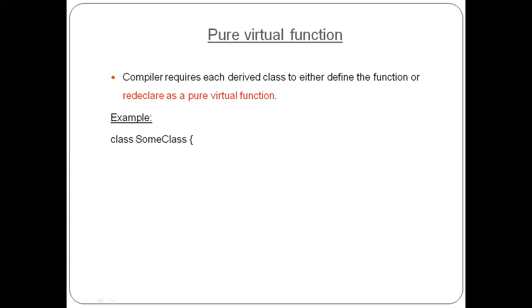A pure virtual function is a function declared in the base class that has no definition relative to that base class. With respect to this example, suppose some class is the base class, and inside that class we use the virtual function as a pure virtual function. This is the syntax in which we convert a normal virtual function into a pure virtual function.